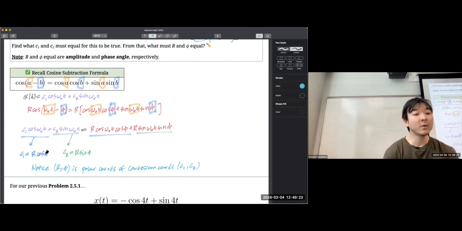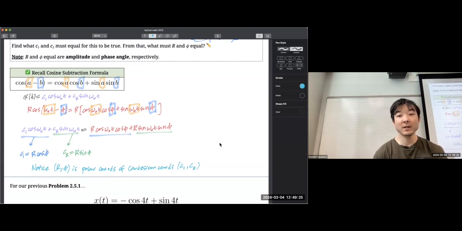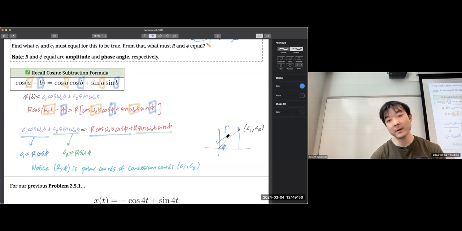The polar coordinate formula says that you can find C1 if you had polar coordinates. You'll have a coordinate system with this point right here, C1, comma C2. You could also think of this as the angle phi and the distance r.